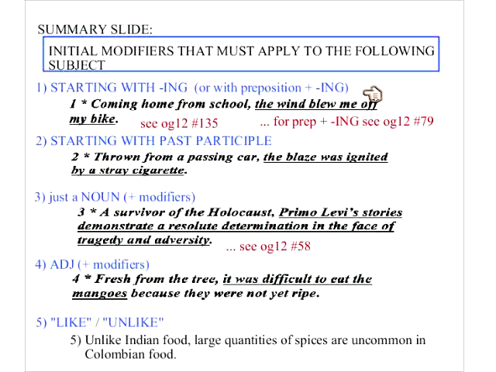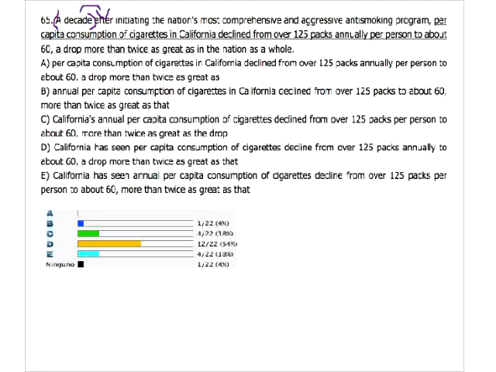That's one of our initial modifiers, so this needs to apply to the following subject. So who or what, please tell me in the text box, who or what actually initiated the nation's most comprehensive and aggressive anti-smoking program? Please tell me in the text box.